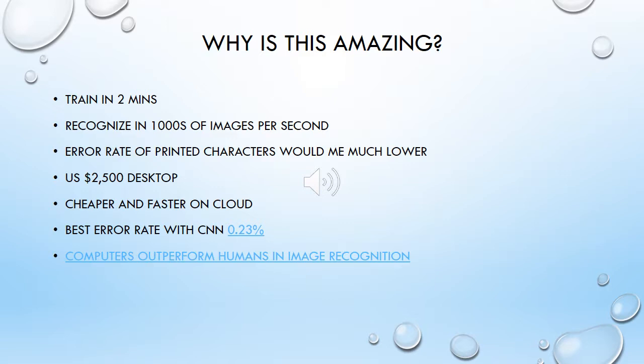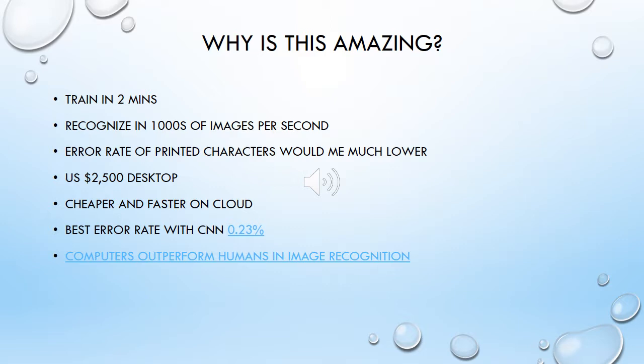Another thing that's very important is that I was able to buy a desktop with an NVIDIA graphics accelerator card for $2,500, and this actually did all that. So the economics has changed. Everybody, including myself, can now participate in machine learning and try a lot of experiments in a relatively very short time period. And there's no need to buy a desktop. You can do it on the cloud, and it's going to be cheaper and faster unless you're going to be doing it frequently.